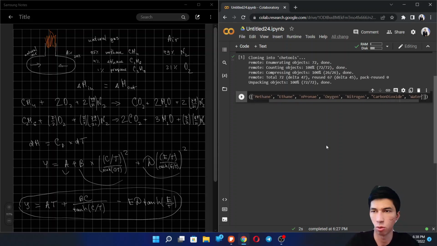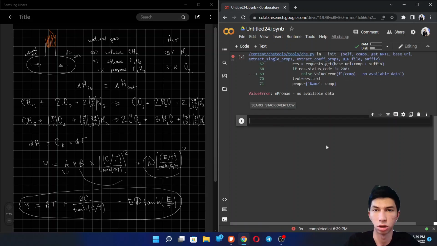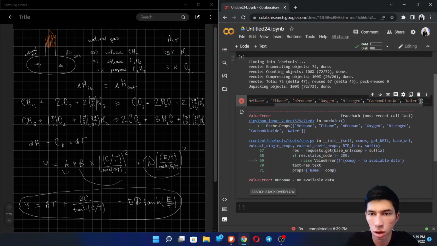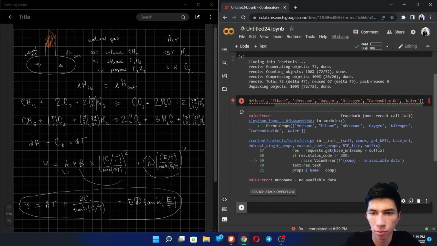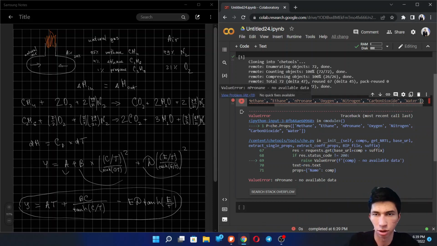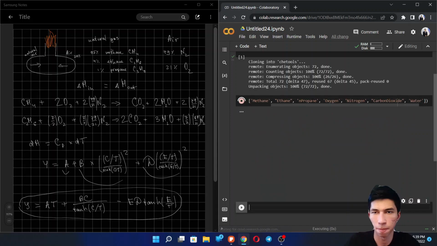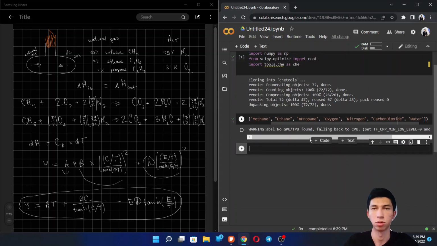Yes, there is a typo in propane. Oh sorry, there is a propane. Yep, working good. So what is the next step?